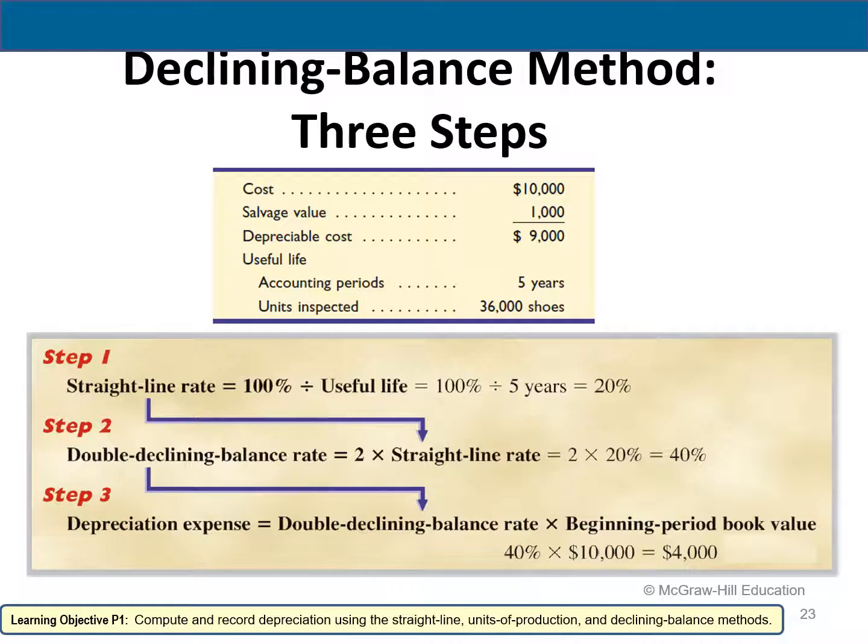That 100%, or in this case, $9,000, is depreciated over 5 years. So 100% divided by 5 is 20% each year. Then you double it. So the double declining balance rate is going to be 40%. And so then your depreciation expense is going to be the double declining balance rate times your beginning of the period book value.